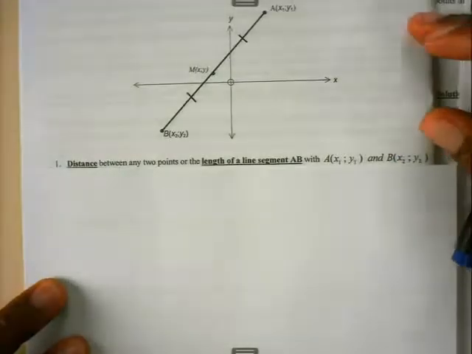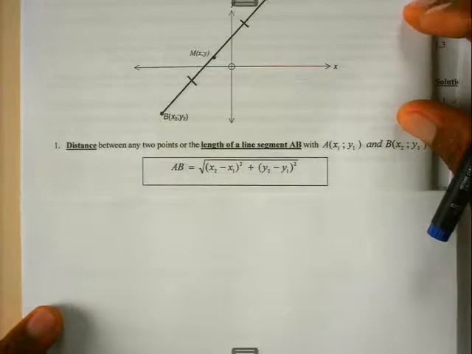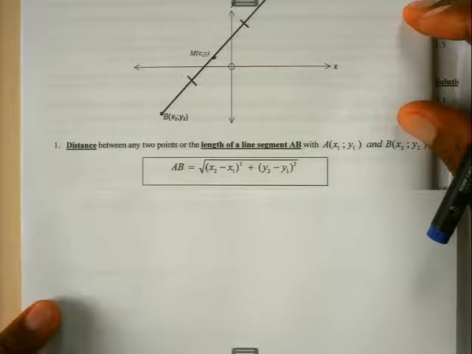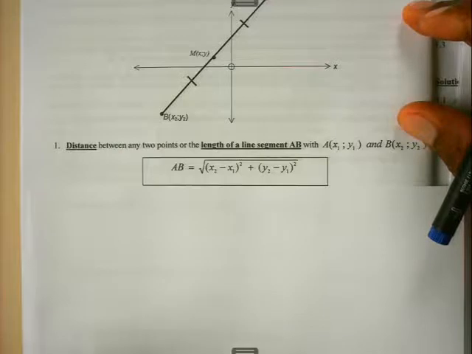This is the formula that we use: AB is equal to the square root of (x2 minus x1) all squared plus (y2 minus y1) all squared. It is very important now to familiarize yourself with the formula sheet.